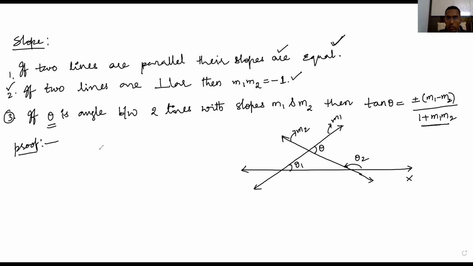Why should we learn this proof? We should not think that proof anyway will not come in the exam, so we should not learn. Just to be thorough with the subject, you must learn the proof. This is a very simple proof.